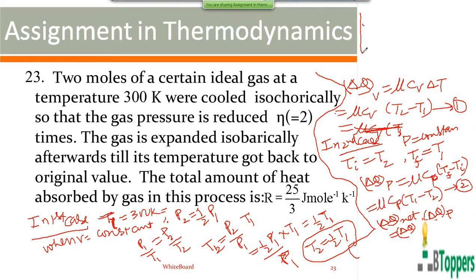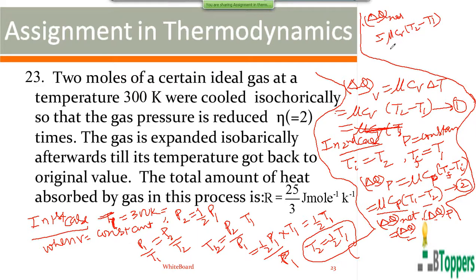So the net amount of heat absorbed by the gas is equal to the sum of the heat absorbed by the gas in the first case at constant volume, which we have written here from the first equation, nu Cv into T2 minus T1, plus the heat absorbed by the gas in the second case, nu Cp into T1 minus T2. So the net heat absorbed, you can write, delta Q is equal to nu Cv into T2 minus T1 plus nu Cp into T1 minus T2.